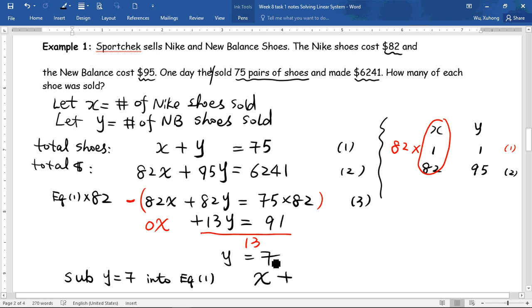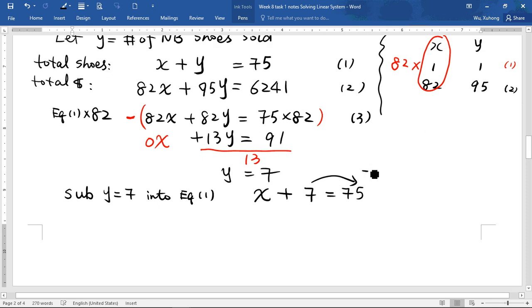So x plus y equals 75, put 7 here: x plus 7 equals 75. In order to solve for x, we move the 7 to the other side. It will be x equals 68. Then we write a statement.